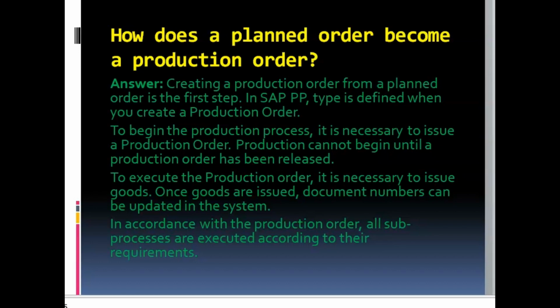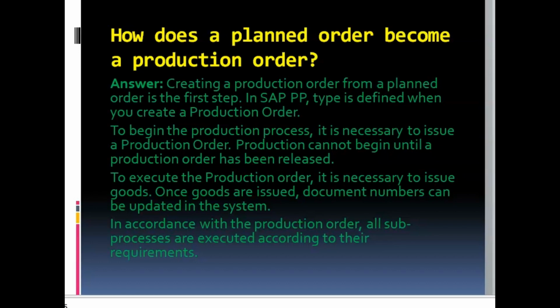Answer. Creating a production order from a planned order is the first step. In SAP PP, this step is defined when you create a production order. To begin the production process, it is necessary to release a production order. Production cannot begin until a production order has been released.